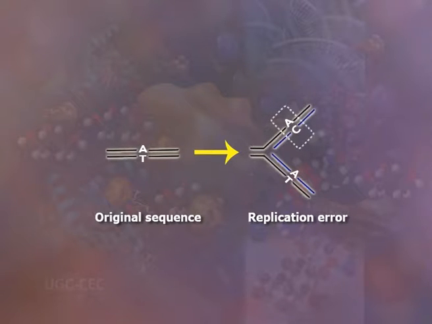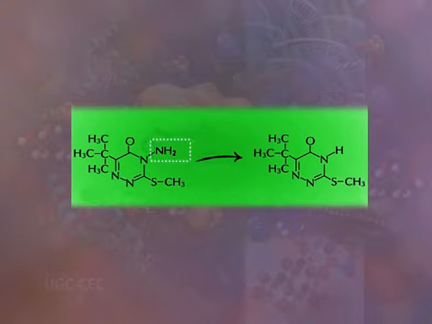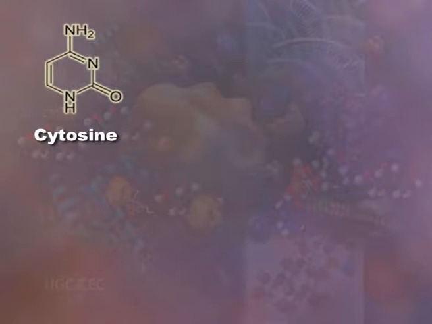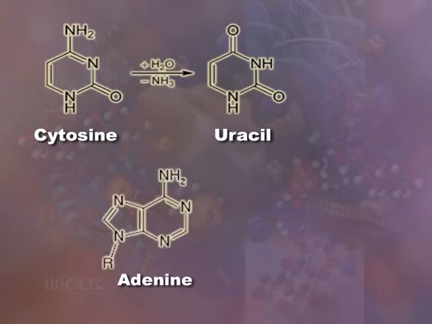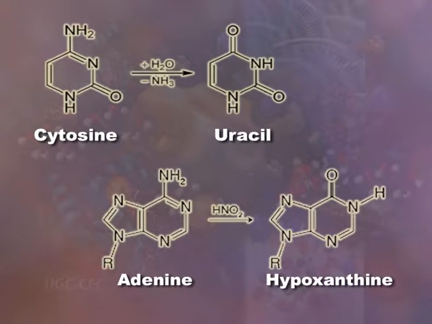It can be a replication error that by chance is not corrected by the editing function of the DNA polymerase, or can be the result of a spontaneous loss of an amino group, deamination, thus converting cytosine to uracil or adenine to hypoxanthine, and thus the DNA molecule ends up with this defect.